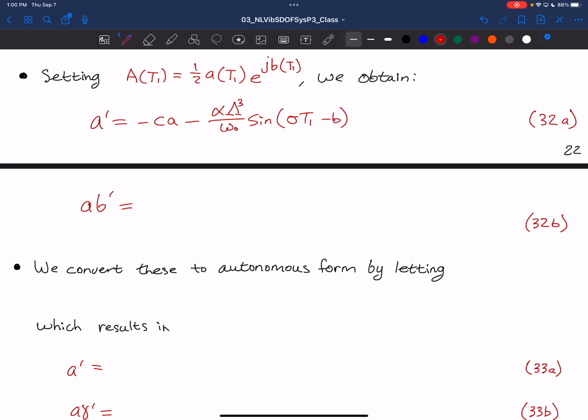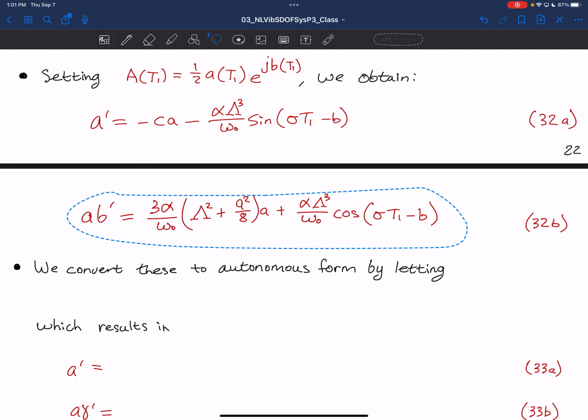Okay, so we have a b prime is equal to 3 alpha over omega 0 times the quantity lambda squared plus a squared over 8 times a, plus alpha lambda cubed over omega 0 times the cosine of sigma t1 minus b, and that is the second equation.